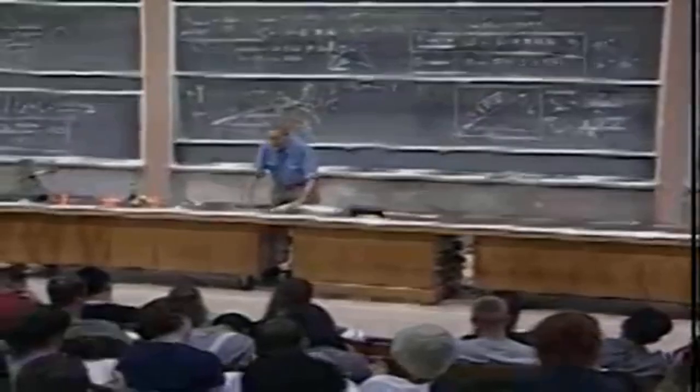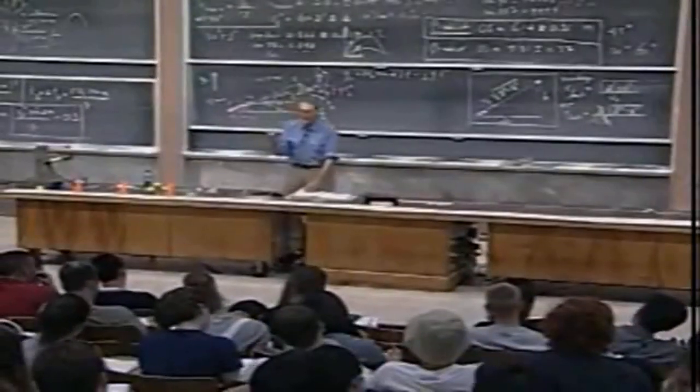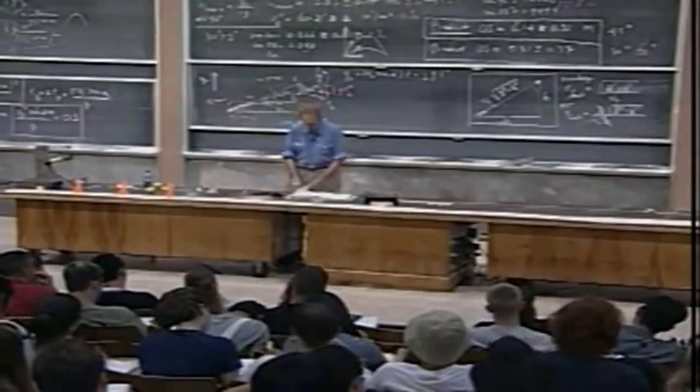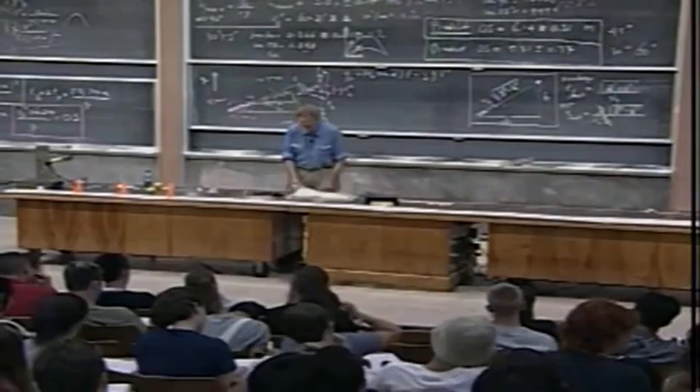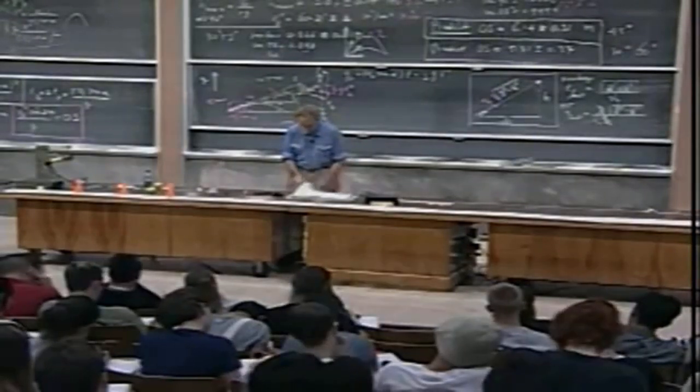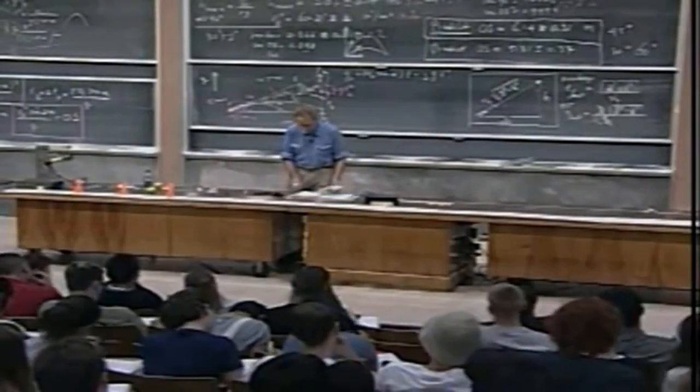It better be that way, because this could not depend on which reference frame you work in, the falling reference frame, or, for that matter, the reference frame of 26.100.